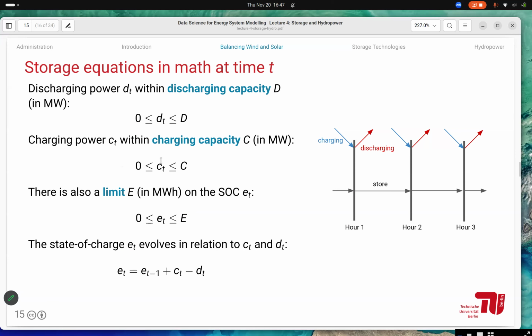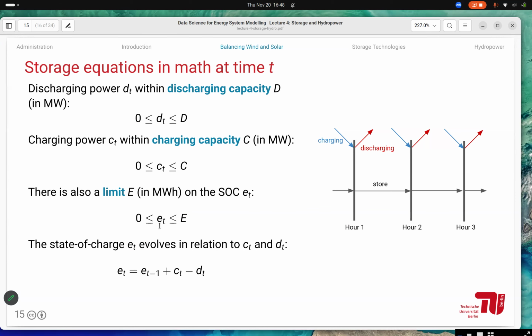Both should be positive quantities and within the respective capacity limits. So we have a capacity limit for the discharging and a capacity for the charging. For some storage technologies these are actually the same, but not in general.